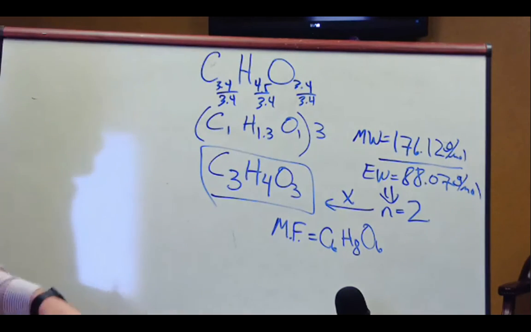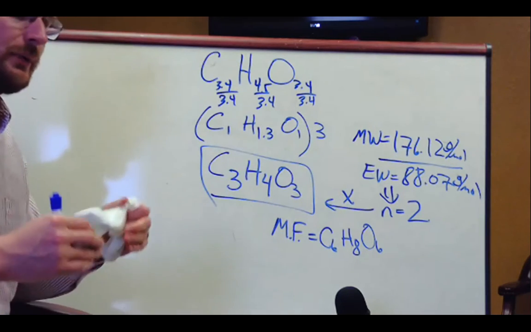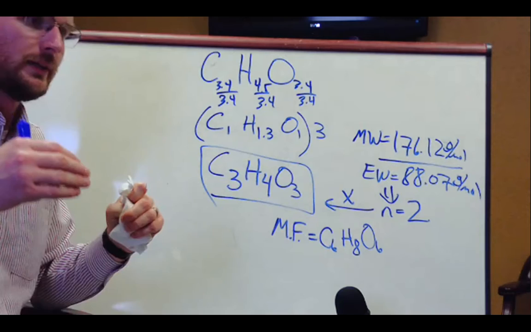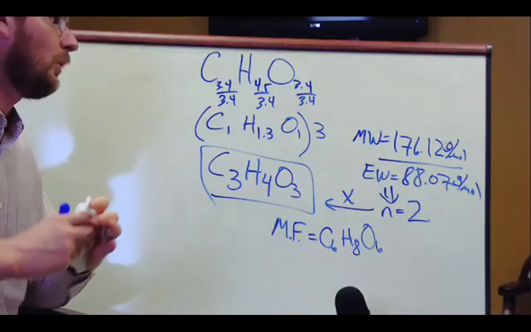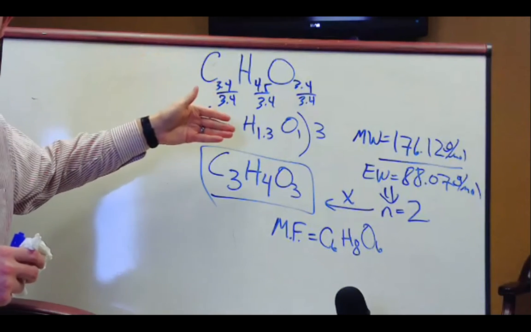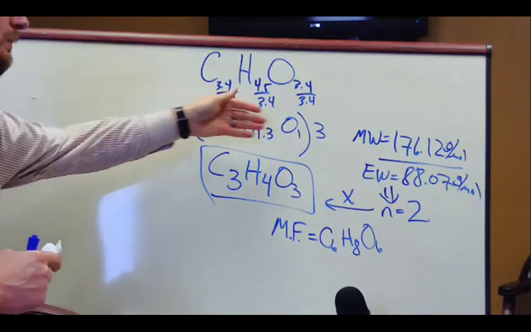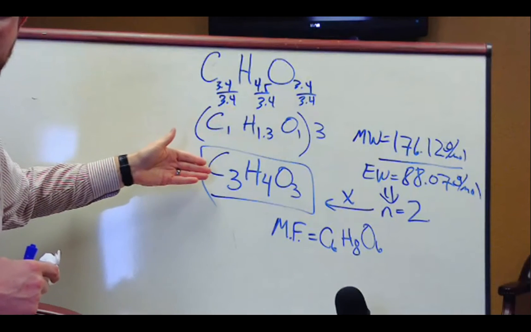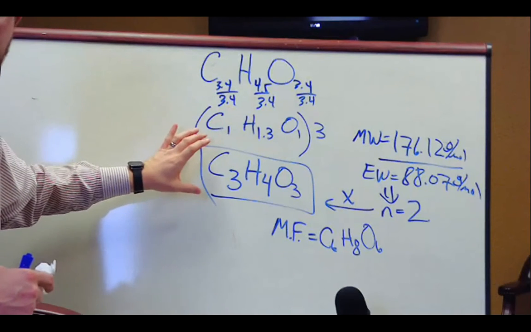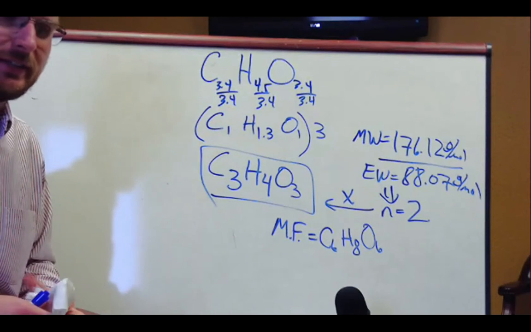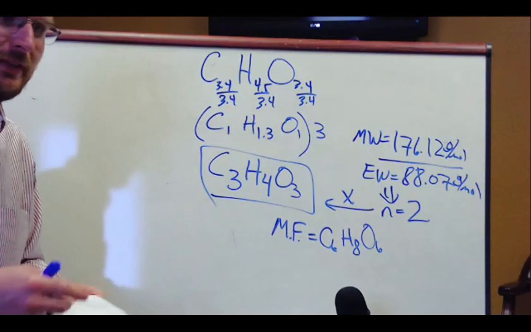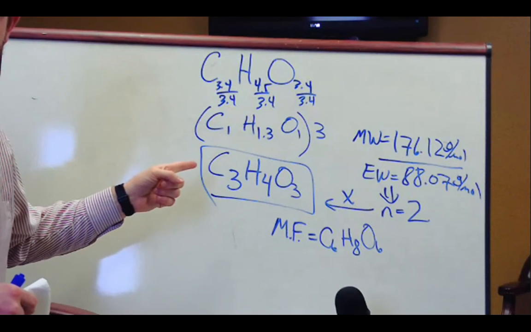It's just going to take a step-by-step procedure, just like we did. We found the grams, we went to the moles. Once we found the moles, we can plug it in here, we simplify it. If we have to multiply by a factor to get all the whole numbers, we do that. There's the empirical formula. If I were to just ask on an exam, what's the empirical formula given these numbers, this would be your answer right here.